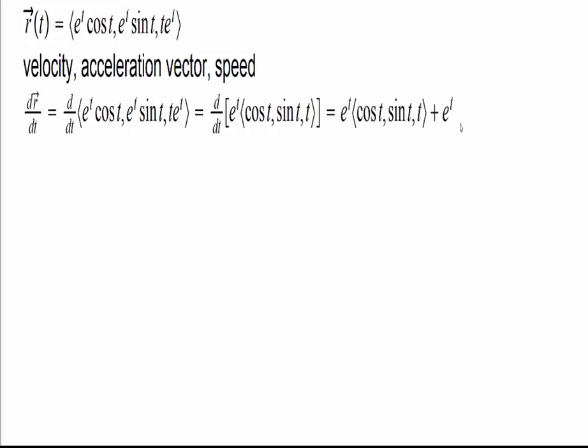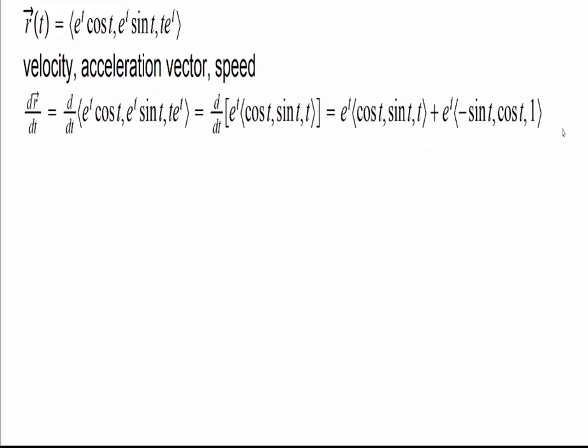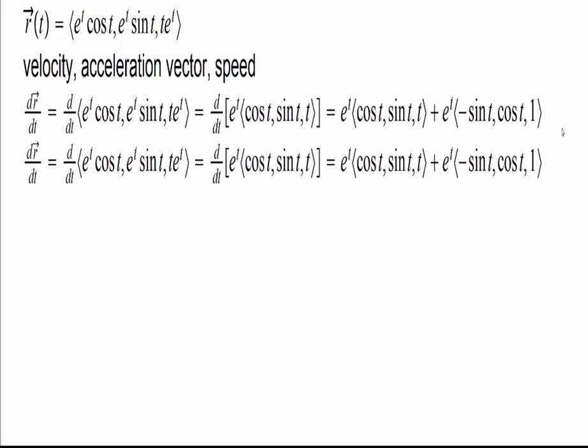The derivative of cosine is negative sine, the derivative of sine is cosine, and that of t is 1. So what we got is the velocity vector.